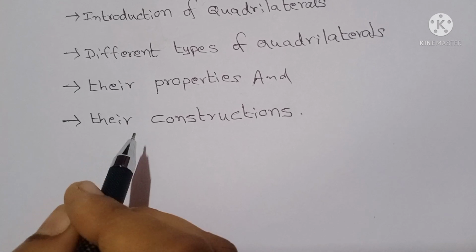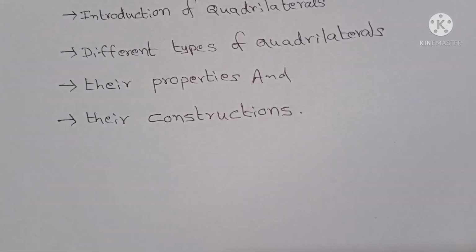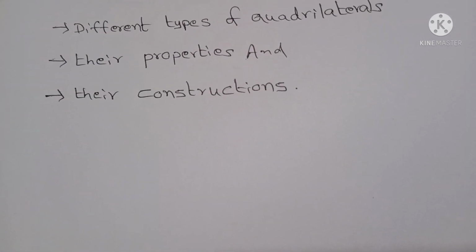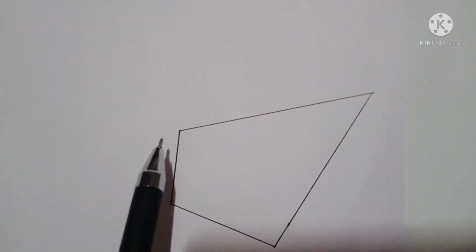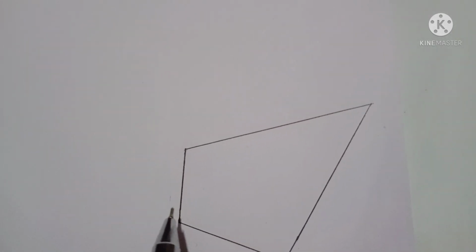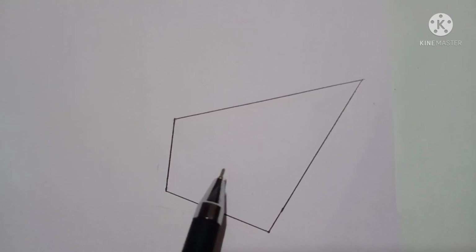We know that a polygon with 4 sides is called a quadrilateral.